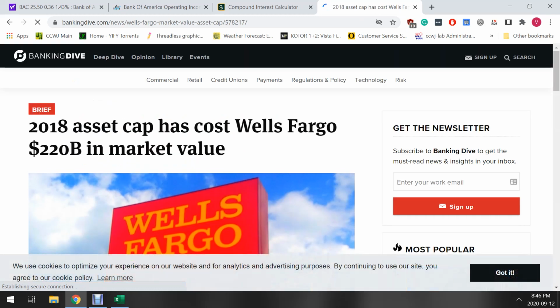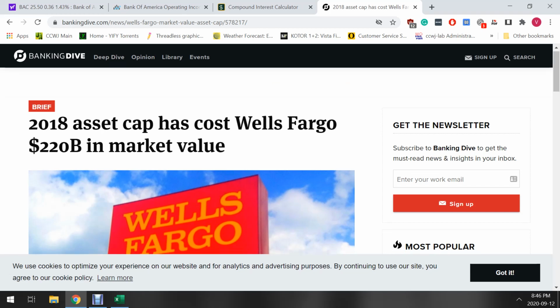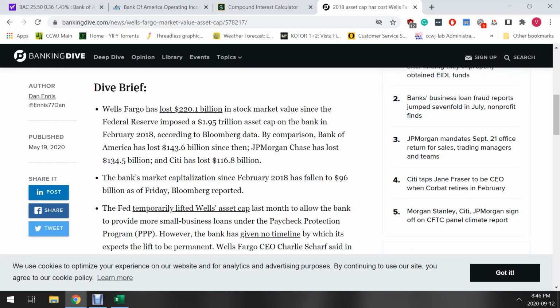In 2018, the Federal Reserve in the US put a $220 billion asset cap on Wells Fargo. What that means is Wells has been asked by the Federal Reserve to only take deposits up to 1.95 trillion, right? So even if someone goes to the bank and the bank has already taken 1.95 trillion dollars, they cannot accept the money.